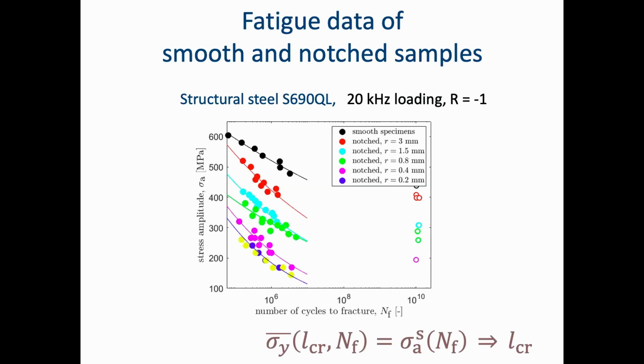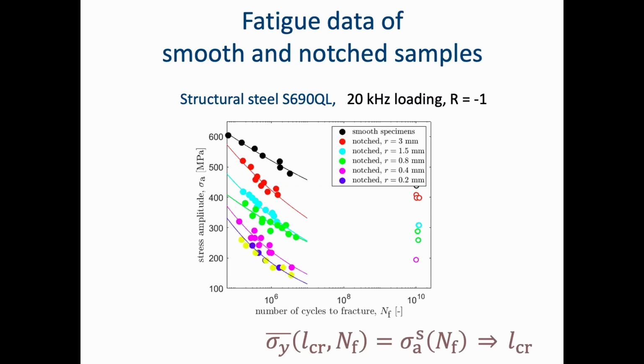Let me show it on an example. Here we have a real SN diagram, fatigue data of structural steel S690. These data were determined on an ultrasonic fatigue system under high frequency and under this stress ratio.